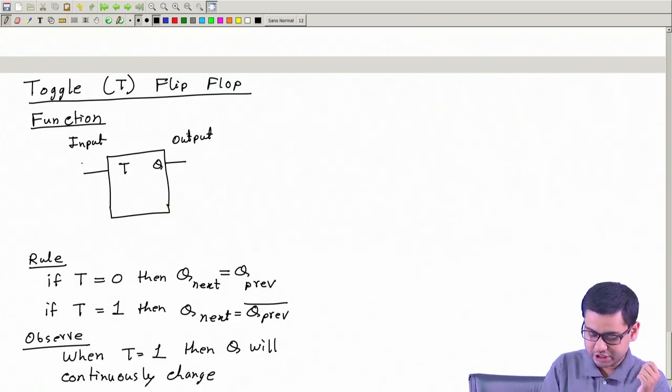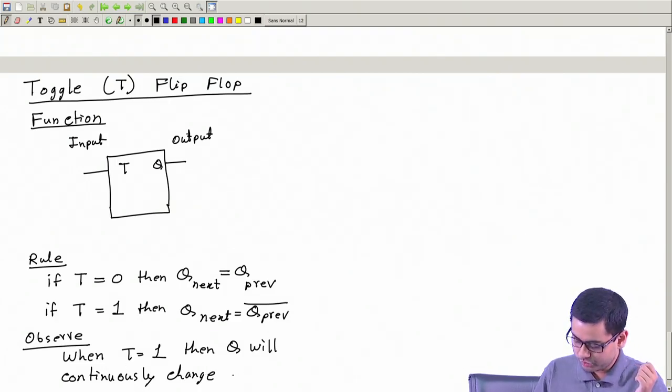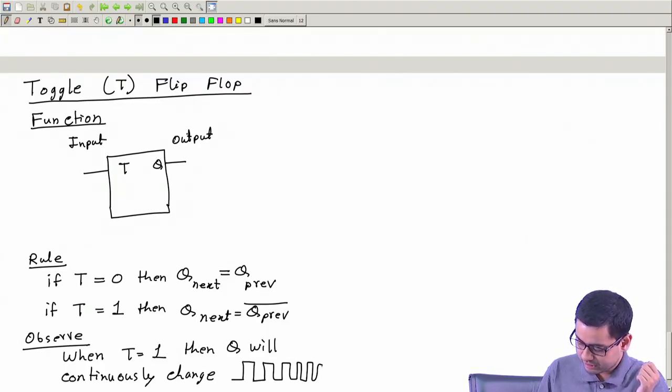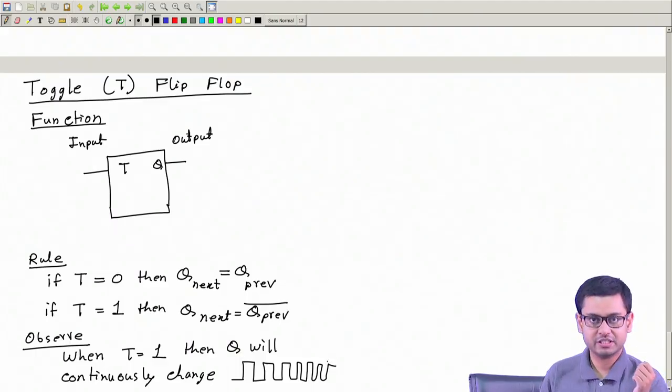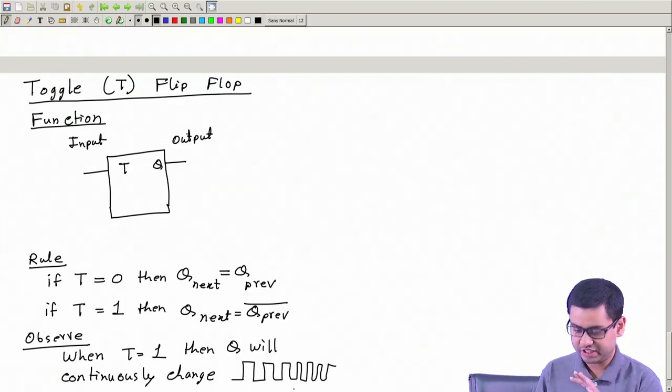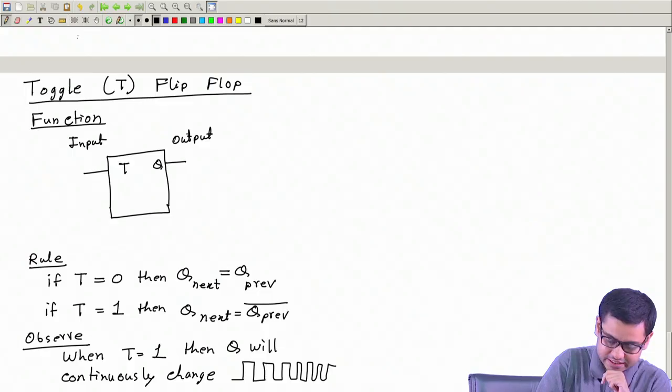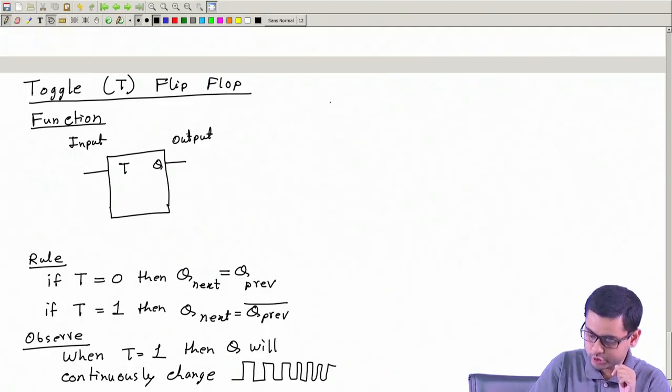Q will become from 0 to 1, then 1 to 0, and so on. It will keep happening very fast, continuously, like this. So, this type of T flip flop is therefore not very useful. We need a small modification which will make it useful.